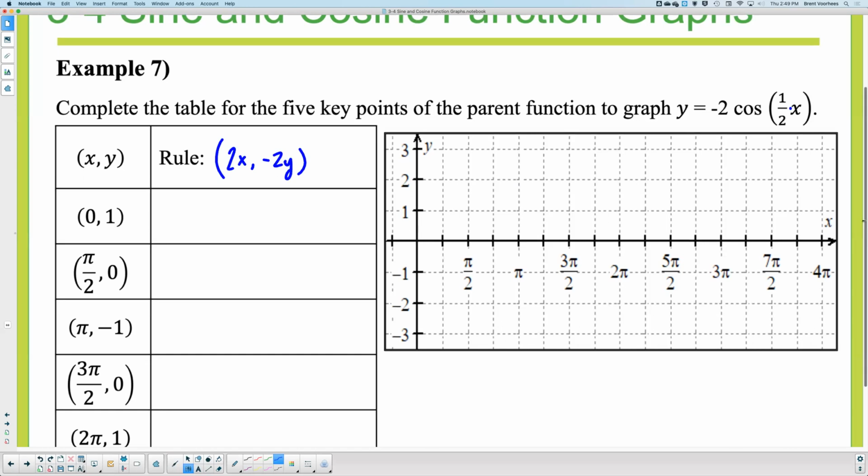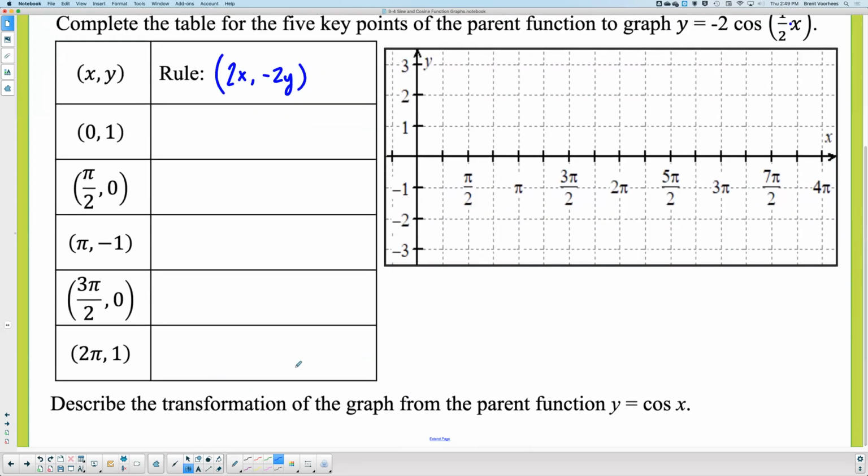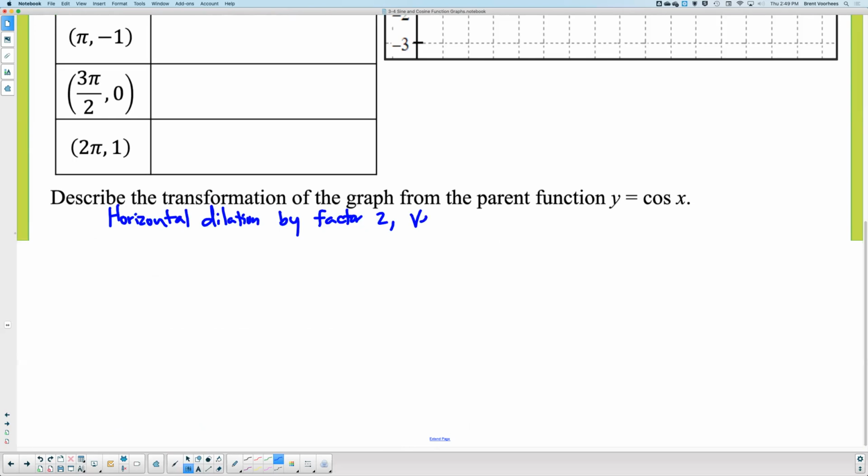Okay, and so this one for transformations, when you multiply x's by 2, that is a horizontal dilation. But we will have two different vertical ones. You will have a vertical, the negative is called a reflection.